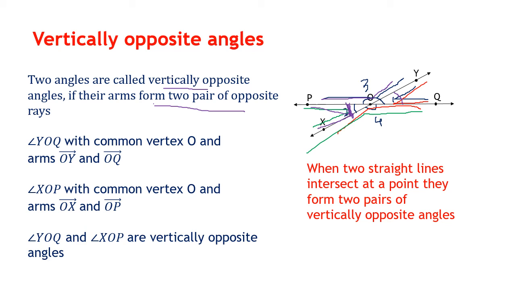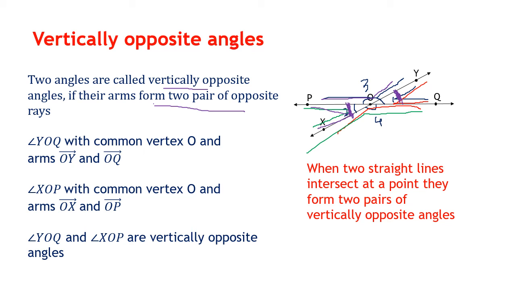This is XOP and this is YOQ. Okay? These both are vertically opposite. Why? They have a common vertex and the arms form two opposite rays.